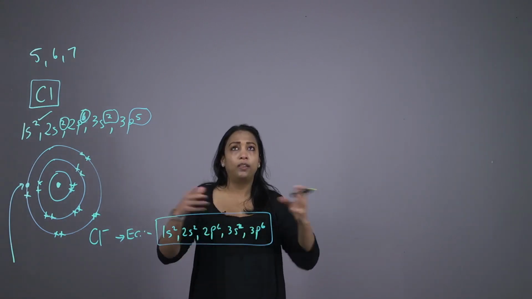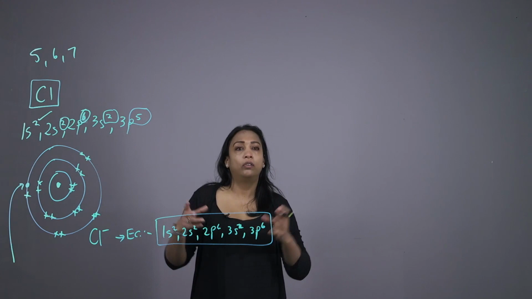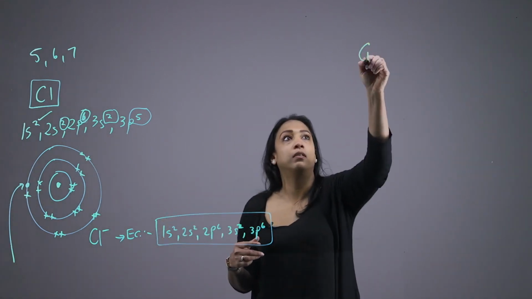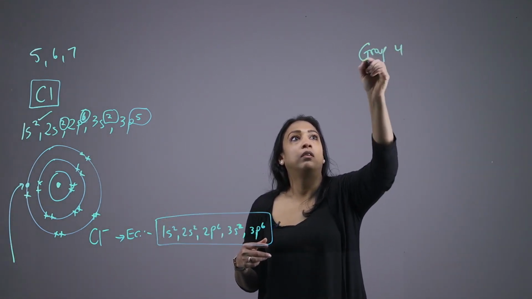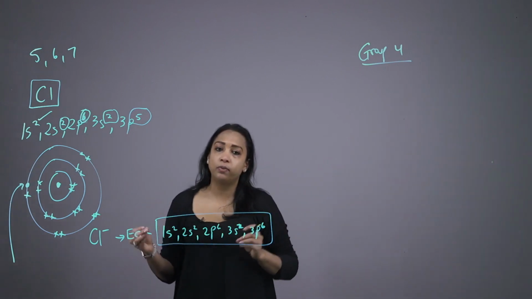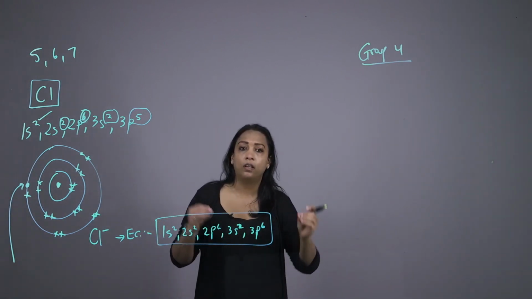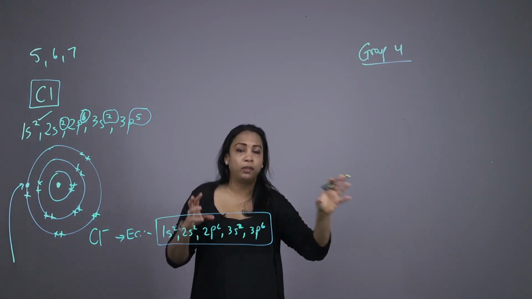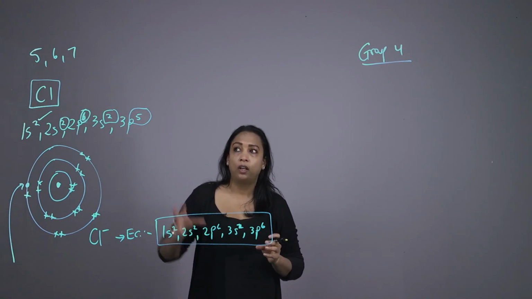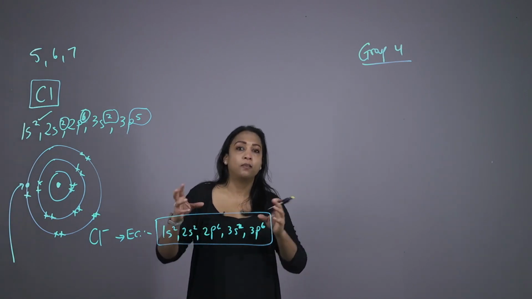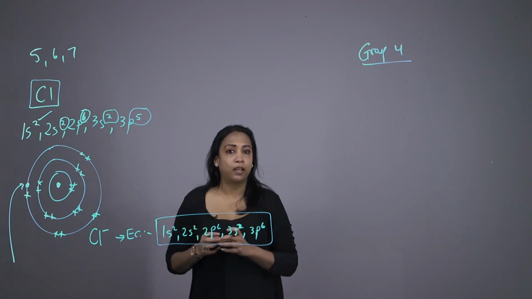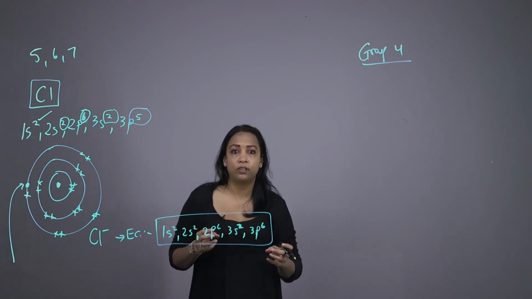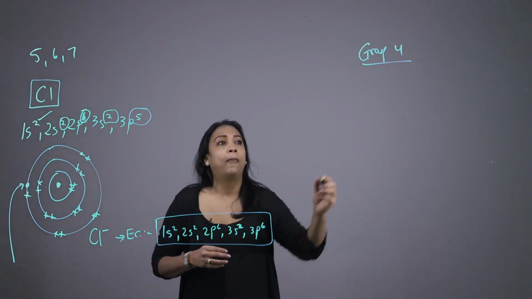So all that's left now is our group 4 elements. Remember, we have looked at groups 1, 2, and 3. These are my metals, and these will give away electrons to become positively charged ions. Groups 5, 6, and 7, these are my nonmetals that will accept electrons to become negatively charged ions. Group 4.